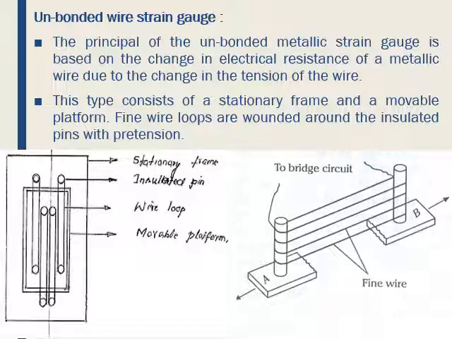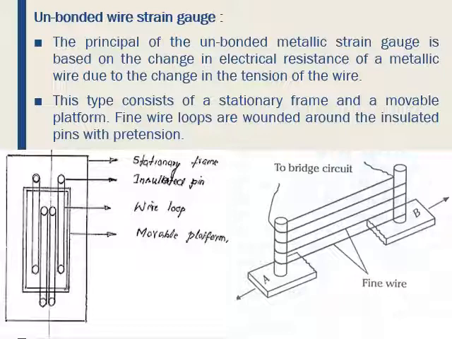Movements of points A and B cause tensile strain in the resistance wire, and the change in its resistance is measured by a suitable circuit to give a signal which is a function of strain.